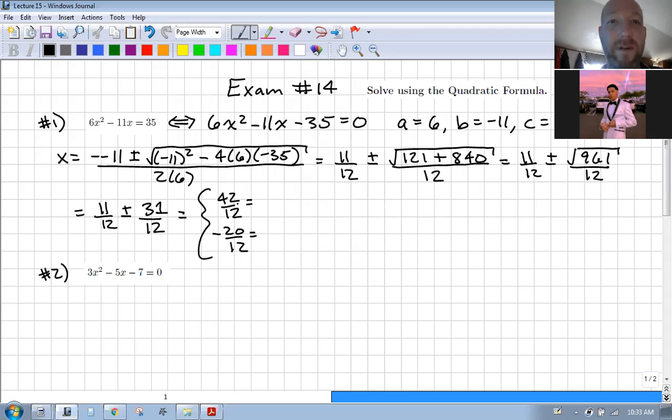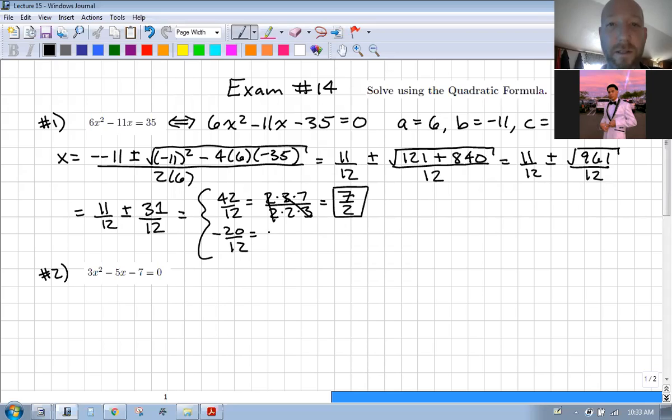So we can simplify these. Let's see, 42 is 2 times 21. And 21 is 3 times 7. 12 is 2 times 6. And 6 is 2 times 3. So this is 7 halves.